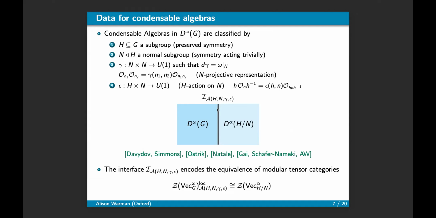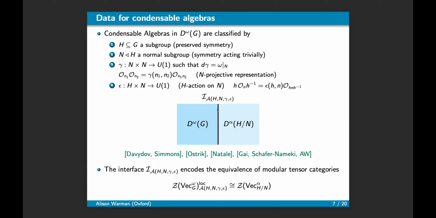Furthermore, on N, before we quotient by N, we can also stack an SPT. So basically a function gamma that trivializes the anomaly. If there's no anomaly, this is identically 1, this is an SPT, mathematically a group 2 cocycle that basically tells us that operators labeled by N form a projective representation.